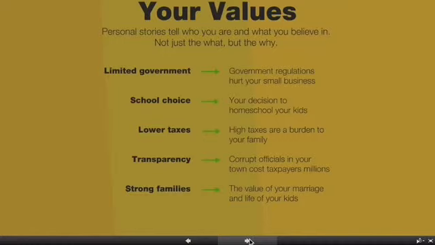So when you run for office, we all have our core values. I think it's very important for folks that run for office to run within your own skin. You are who you are, and you need to stick with your values. Oftentimes folks who believe in smaller, more limited government have these philosophies that I have before you here: limited government, school choice, lower taxes, transparency.